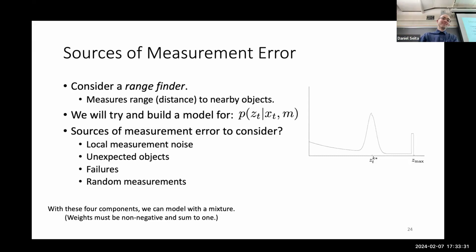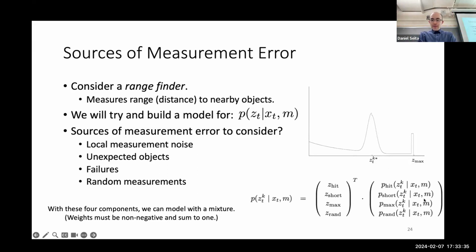And the way we might model this is the probability of z_t^k, the probability that you get your particular rangefinder reading, conditioned on x_t and the map, is equal to this thing, where the transpose is like a dot product between all of these coefficients and these different distributions that you get.